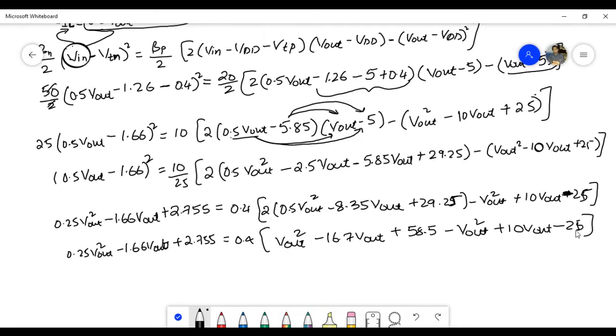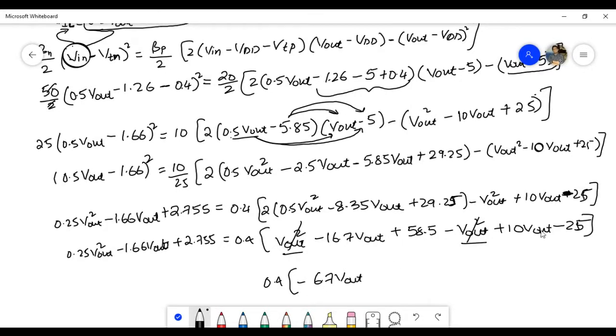Okay, just simplify this. V out plus minus, plus V out minus V out. So it will be 0.4 minus 16.7 and plus 10 will be minus 6.7 V out.